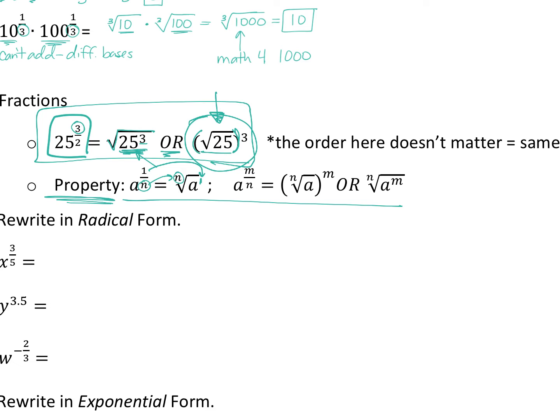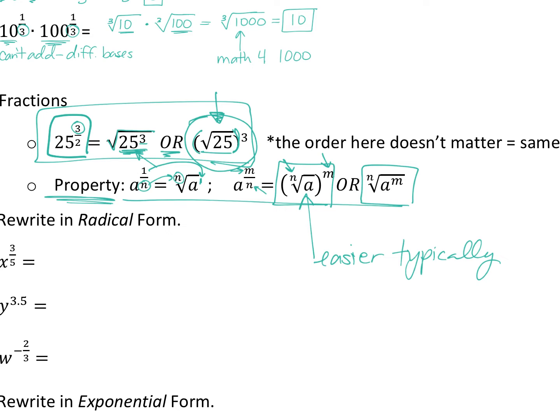Okay, so if I have two different numbers, not a 1, now my m and my n, the n is still your root, the m is still your power, so you can write it this way, or you may write it this way. They are the exact same thing, but like I said, typically this way is a little easier. Not always, but most of the time. That's my preferred method.